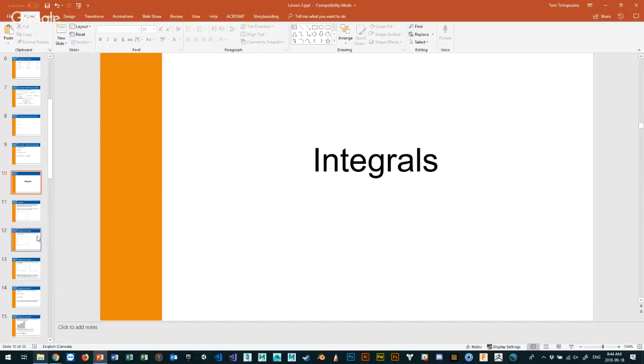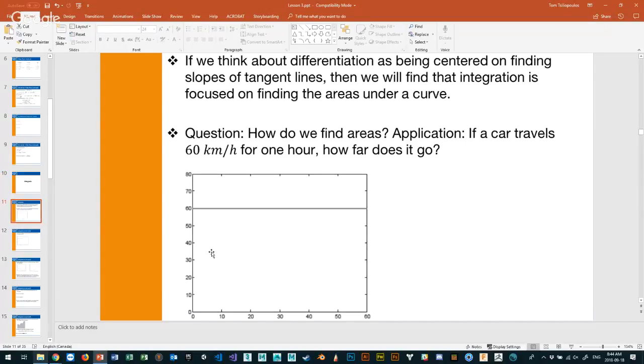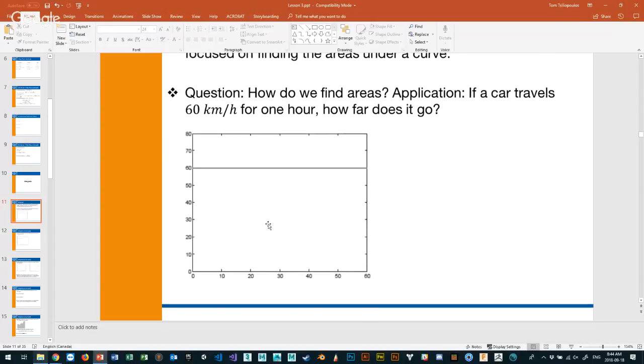But here we have something of an opposite relationship. So I have this question: how do we find the area under the curve? I have a curve as an example, and I want to find the total area under the curve. A good question for this is: if a car travels 60 kilometers an hour for 1 hour, how far does it go?